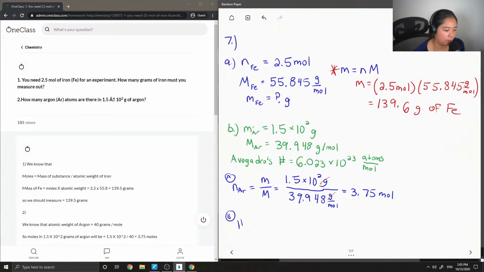To find the number of atoms, we are going to take our value for the moles and then multiply by Avogadro's number.